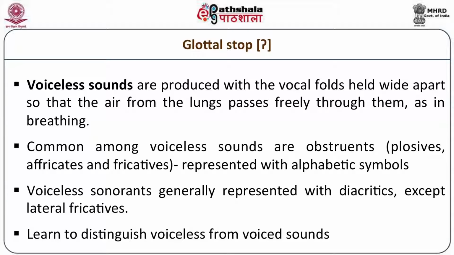That is, plosives, affricates, and fricatives. Sonorant consonants and, of course, vowels in general tend to be voiced. In the case of the obstruents, we have different symbols for voiceless obstruents and voiced obstruents.